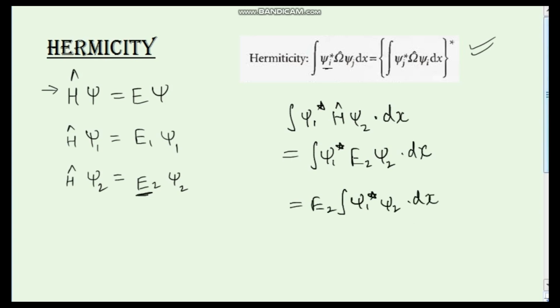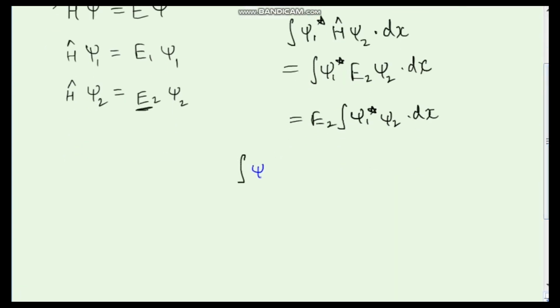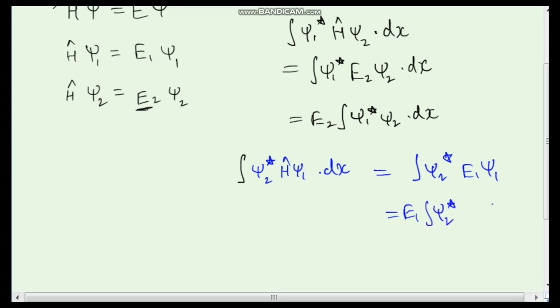Similarly, if we had started with psi 2 star and operated on psi 1 instead, and used dx, what will we get? You will get psi 2 star, and E1 will come out, and you will be left with the integration of psi 2 star psi 1 dx.